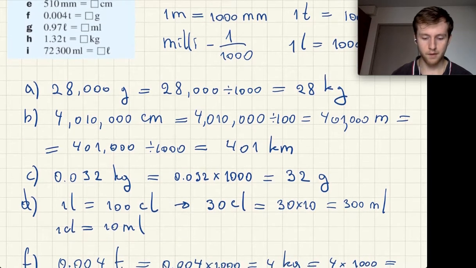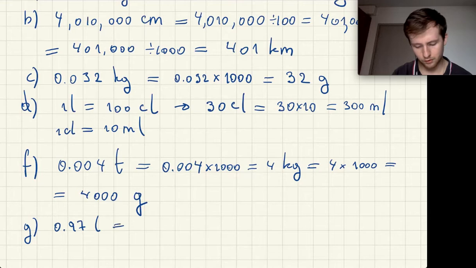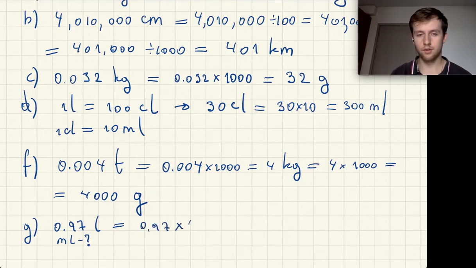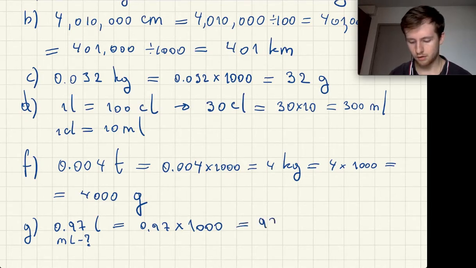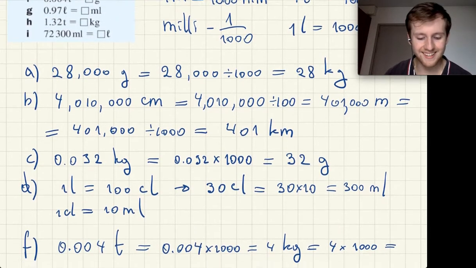Next we have liters to milliliters. Well, that's easy. 0.97 liters equals how many milliliters? Right, the target is milliliters. So we do 0.97 times 1,000, which gives us 970 milliliters. And finally, not finally, we have two more.